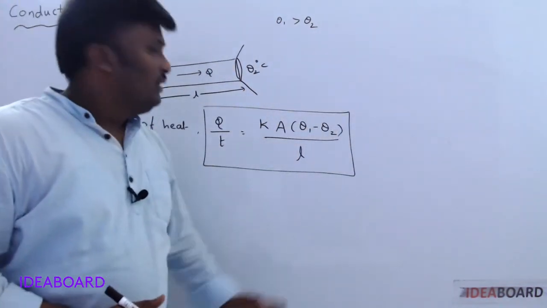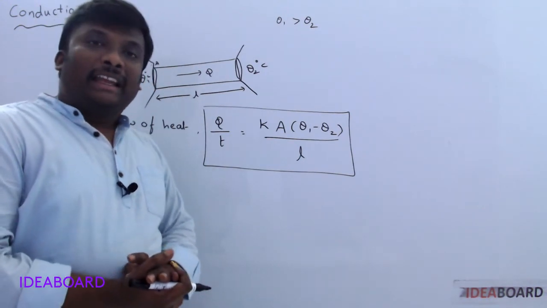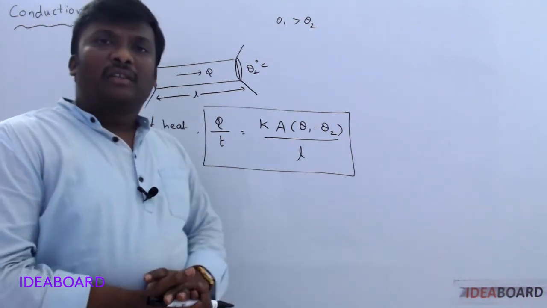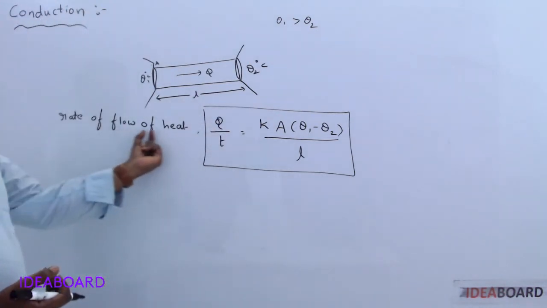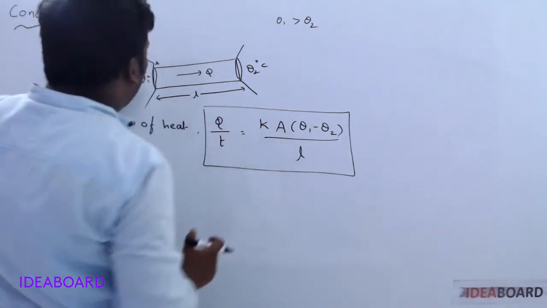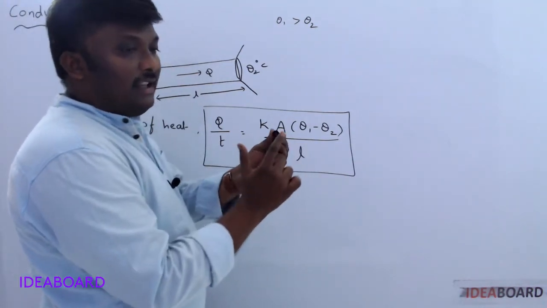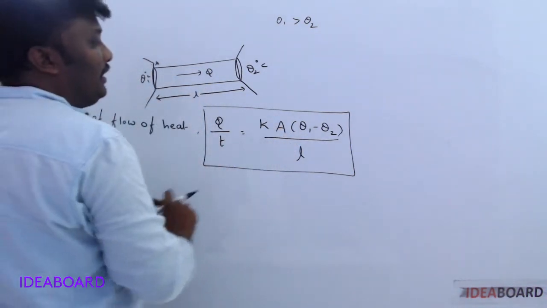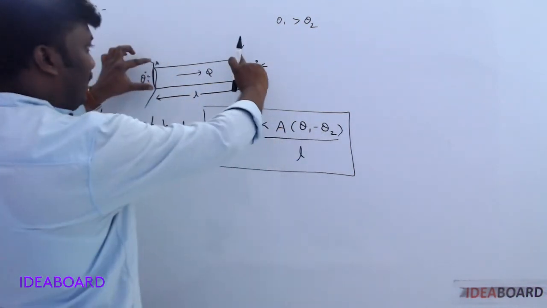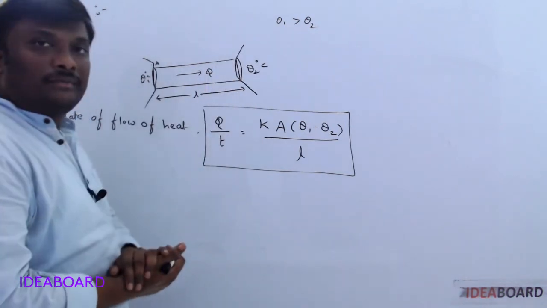For any numerical, this general formula is enough for getting any type of question. What is Q by t? Q by t indicates the rate of flow of heat. A is the area of cross section. For suppose it is a rod, this is the area of cross section. L is the length of the rod. Theta 1 and theta 2 are the temperatures at the two ends of the rod.